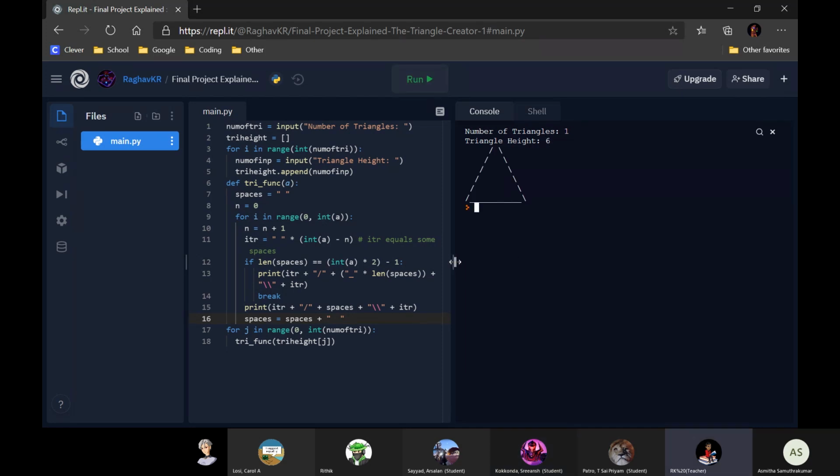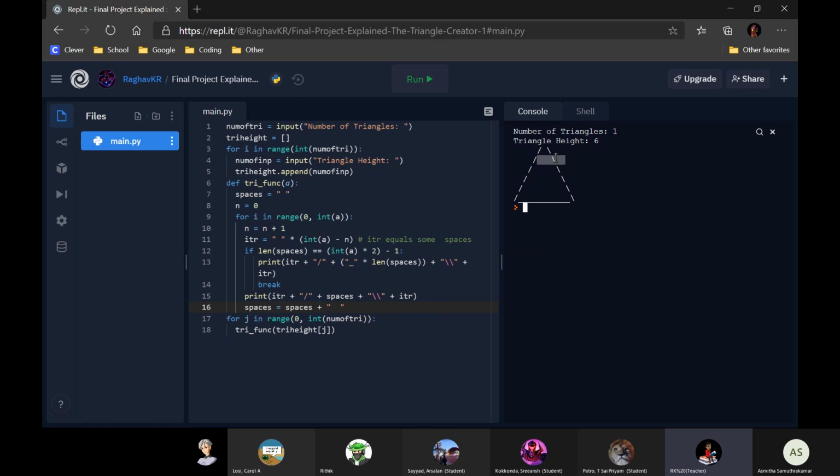So as you see in each triangle, it adds by 2 spaces, right? And then 1 space in the middle of both lines, then 3 spaces, then 5, then 7, 9, and so on and so forth. So at the end of everything, I add spaces equals spaces plus 2. So if you have a number that's 1 and then you do 1 equals 1 plus 1, then it becomes 2.